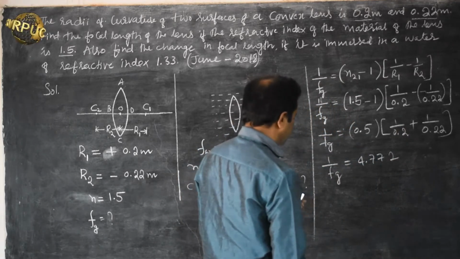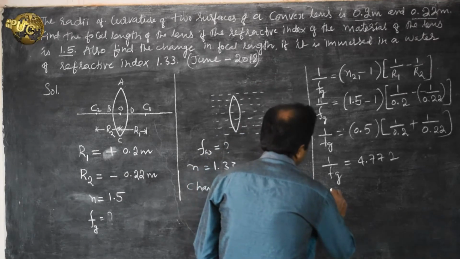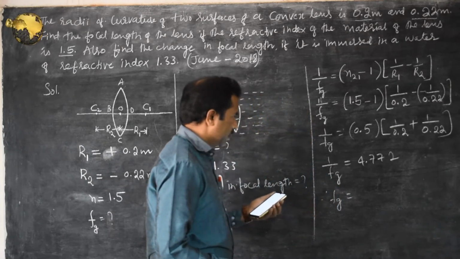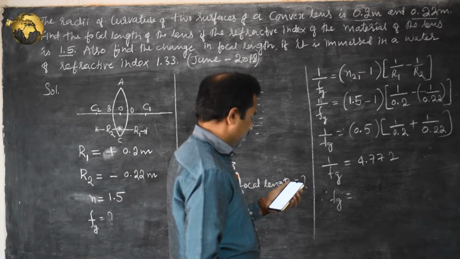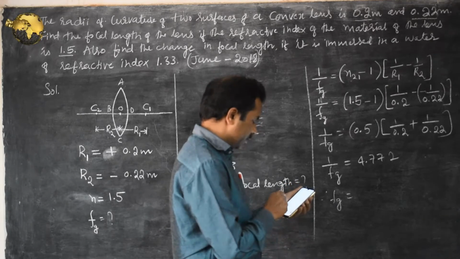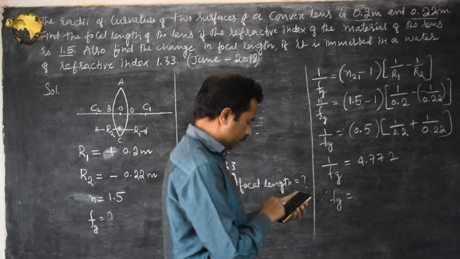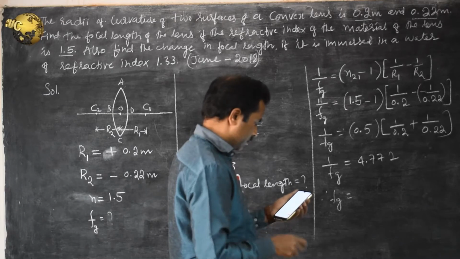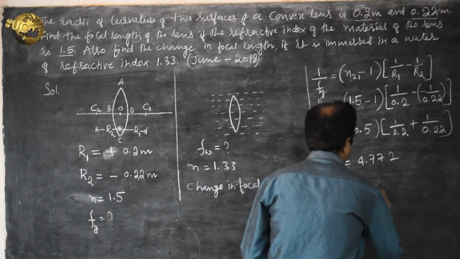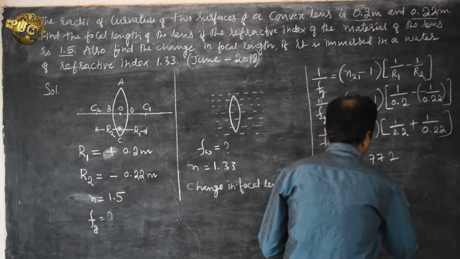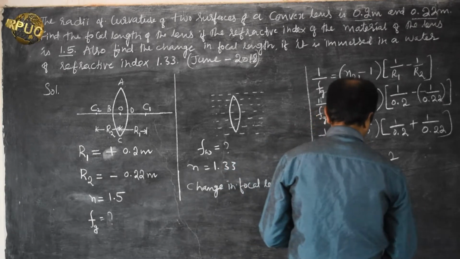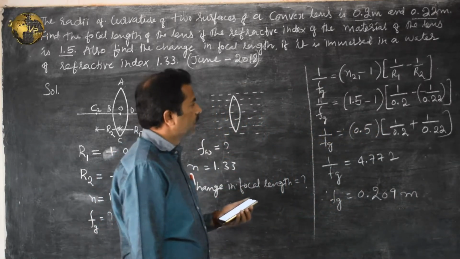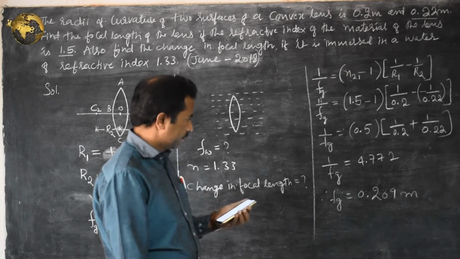So let us take the reciprocal of 1 by Fg. Therefore Fg, the focal length for the glass, is equal to 0.209 meter. That is the focal length of the lens.